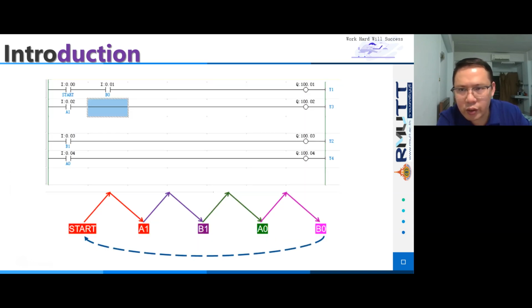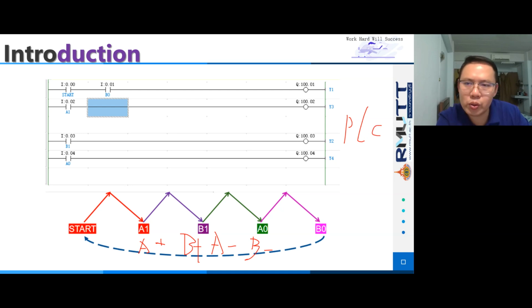This is the A plus, B plus, A minus and B minus controlled by the PLC. Just to introduce: the Y1 work begins A plus. Y3 work is B plus, and the Y2 work is A minus.